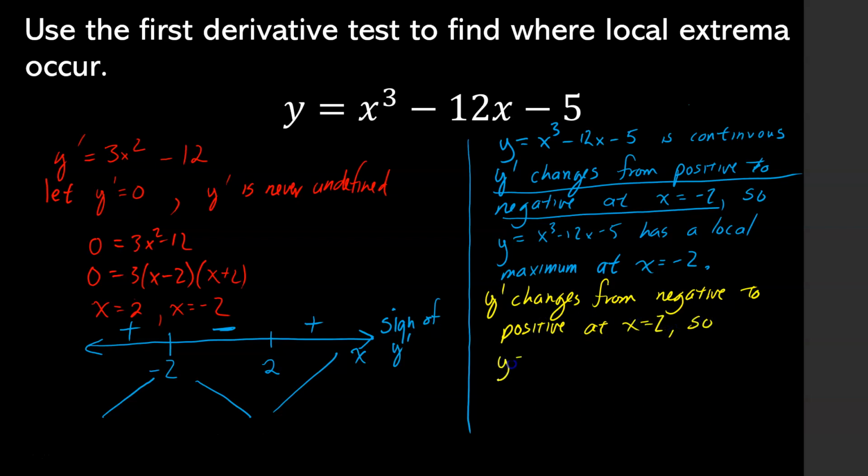So y equals x cubed minus 12x minus 5 has a local minimum at x equals 2. That's it. That's the first derivative test, using the first derivative and looking for a change in sign of the first derivative.